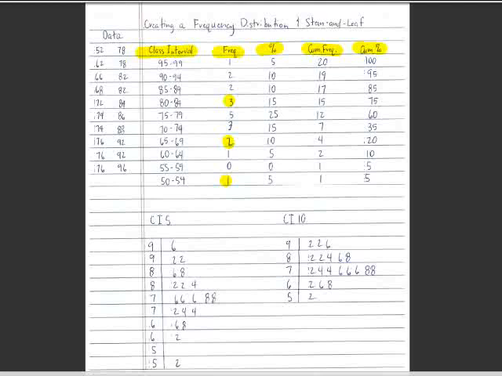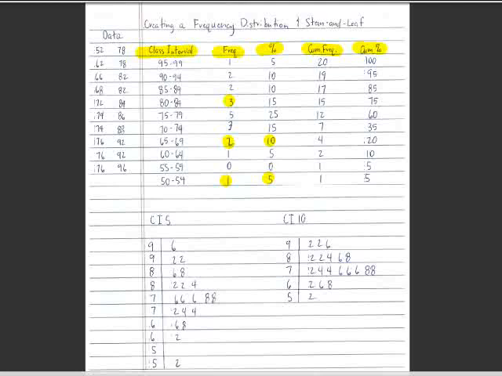The percent column is found by identifying the percentage of scores within each of the class intervals. It's found by dividing the frequency in each interval by the total n. So in this case, it's 20 scores. So 5% of the scores were from 50 to 54, and again we found that by dividing 1 by 20. 10% of the scores were 65 to 69.